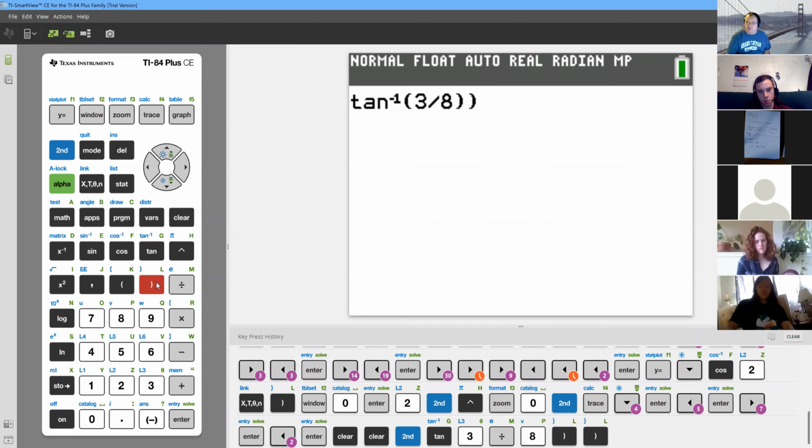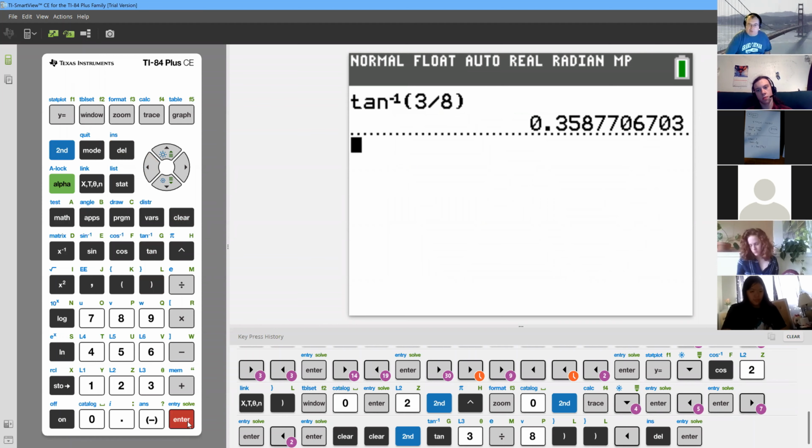If it was in the unit circle, I'd be going to the unit circle right now and I'd be saying pi upon 3 or something, right? But I know 3/8 isn't in the unit circle. So it's going to be a weird decimal. And it's going to be the weird decimal 0.35. Let's say it's to 3 decimal places. So 0.358, 359.